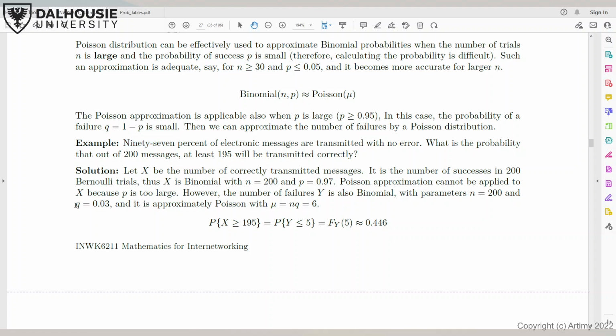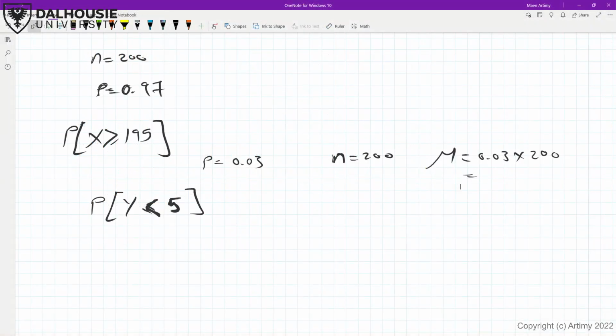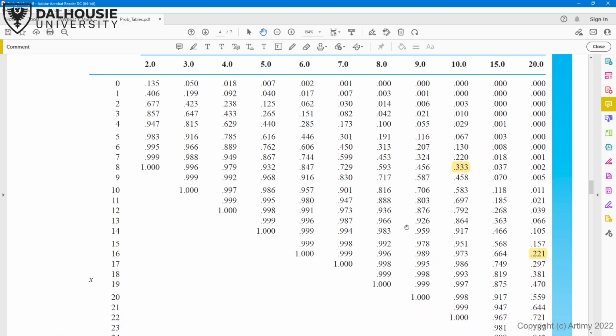Here the table uses q, which is just to tell you that I calculated 1 minus p. So the p that I'm using for the approximation is 1 minus the original p. So 0.03 multiplied by n gives us 6 here. So I'm going to calculate this with the tables.